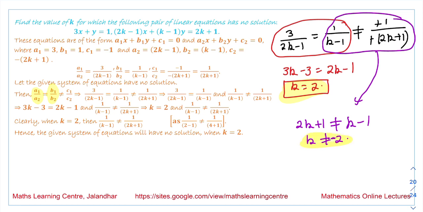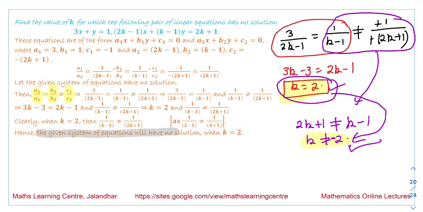And if k should not be equal to minus 2, then the third condition is also satisfied. We are saying when k is equal to 2, then k is not equal to minus 2. It means this condition is satisfied. So the given system of equations will have no solution when k is equal to 2.